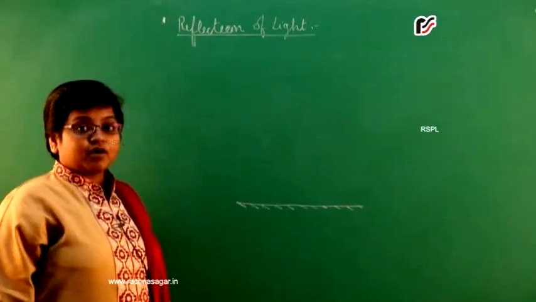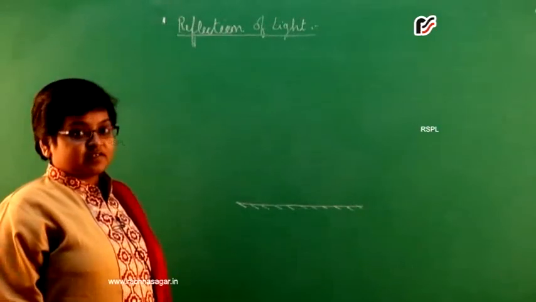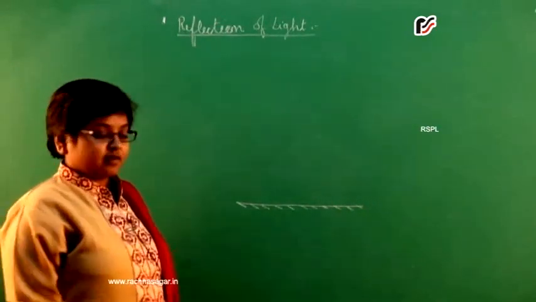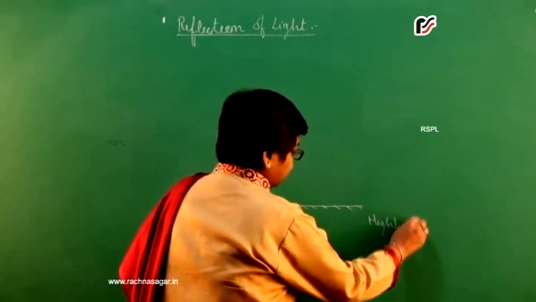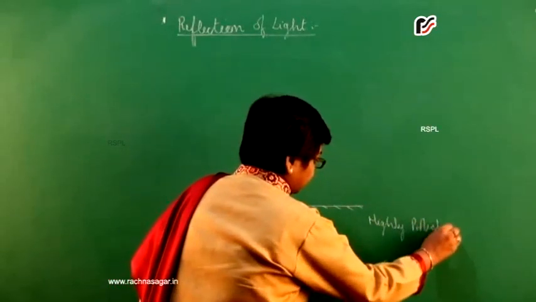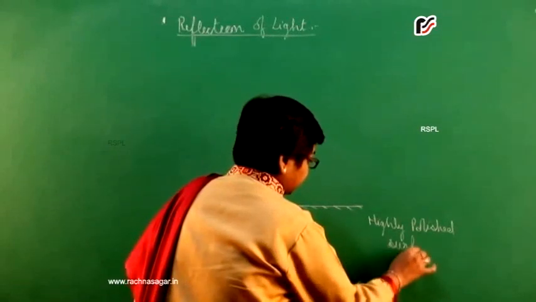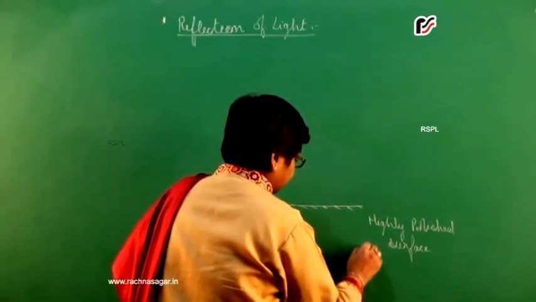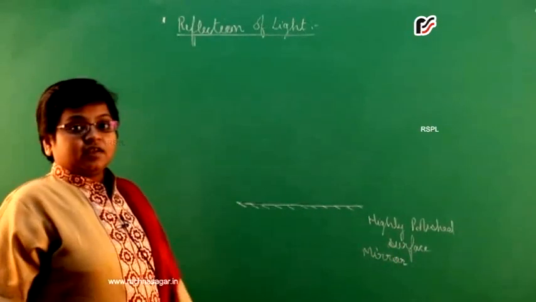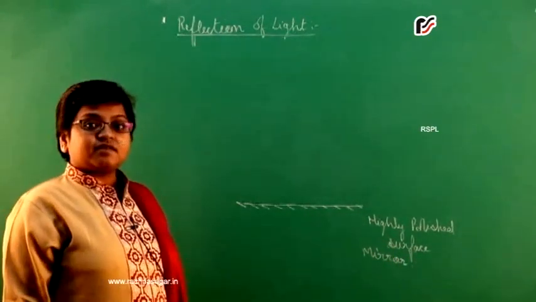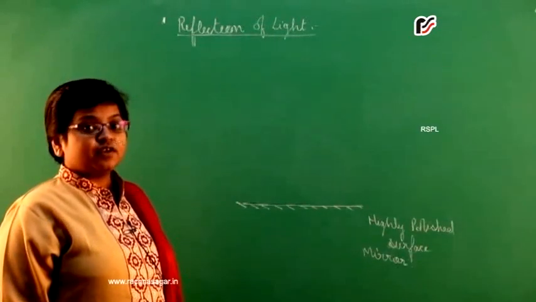This is a highly polished surface, or we say it's a plane mirror. A line perpendicular to the mirror surface is known as normal.